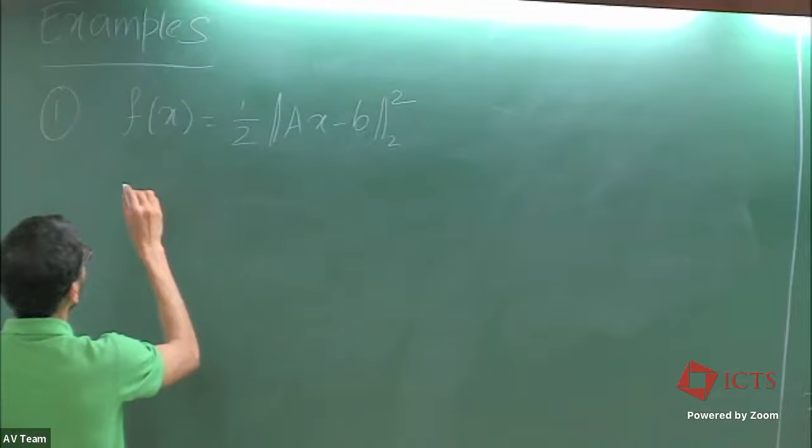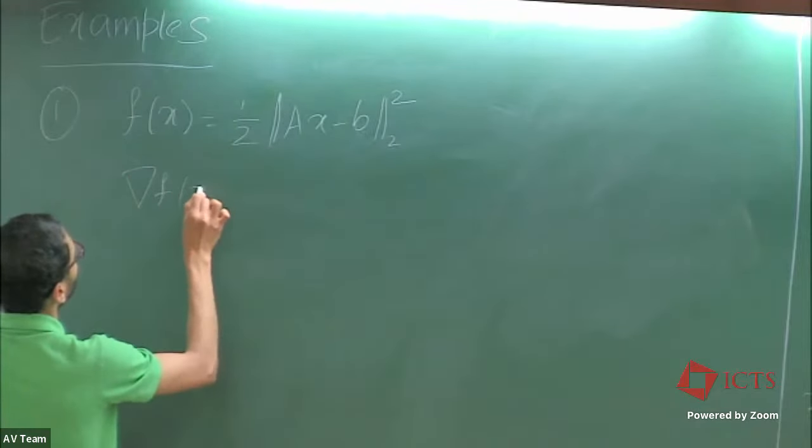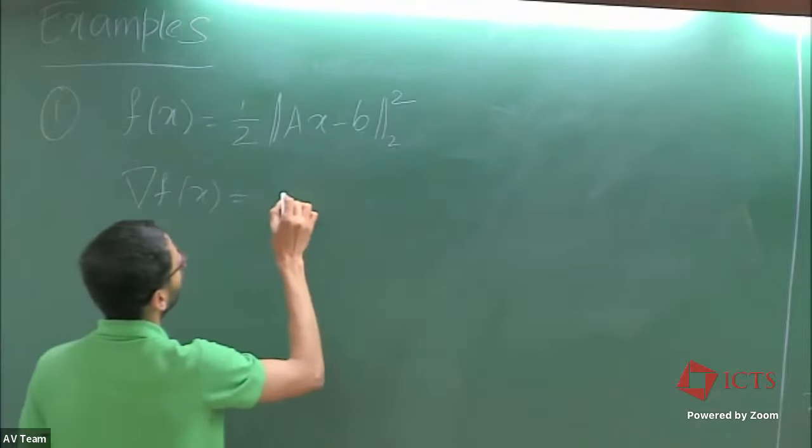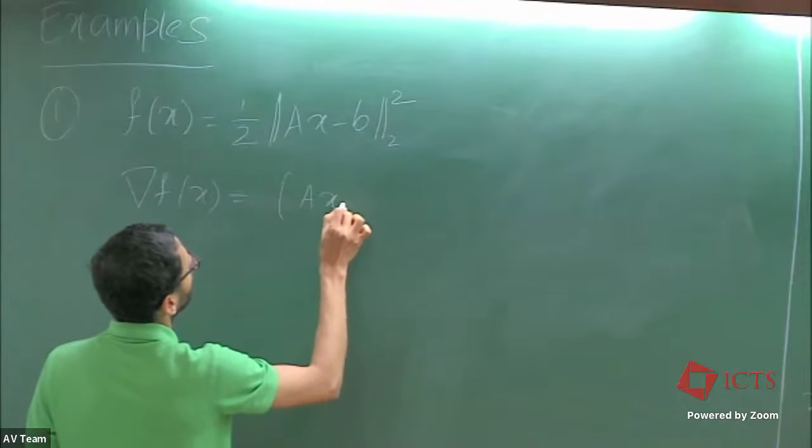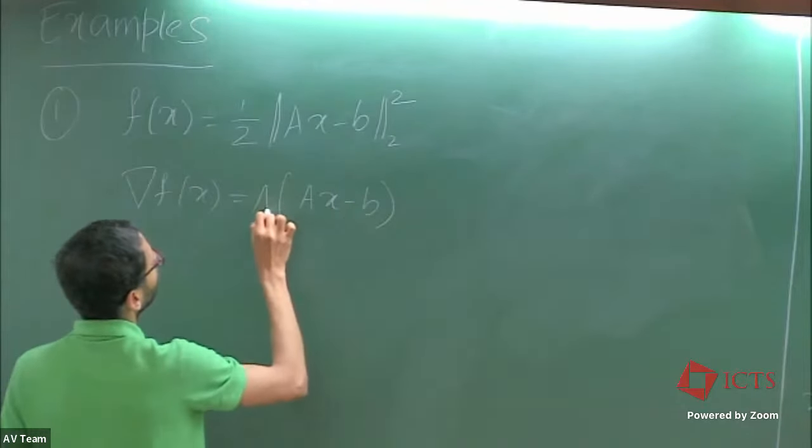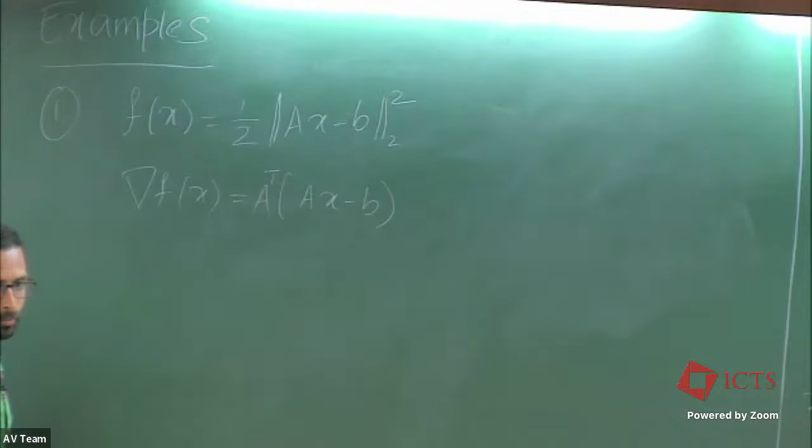So if you look at the gradient of this, it turns out to be A transpose times (AX minus B).